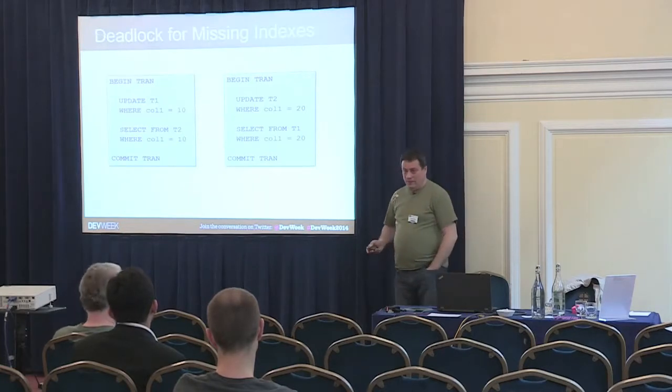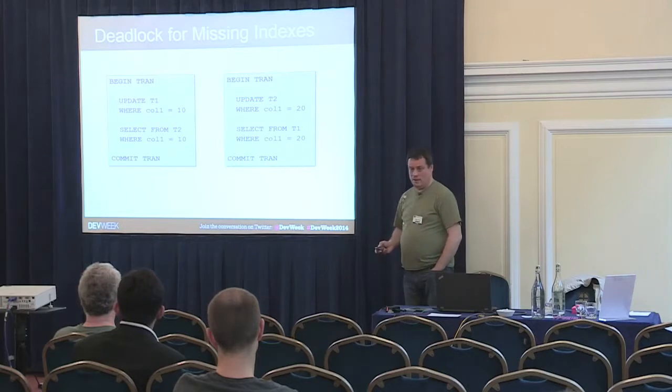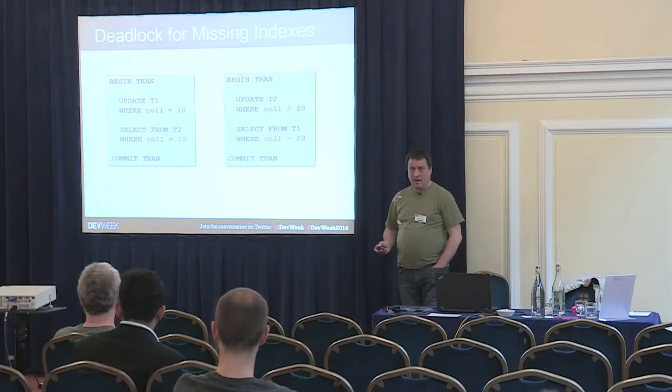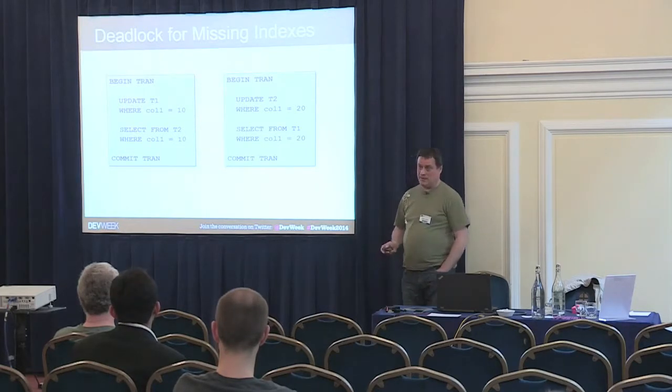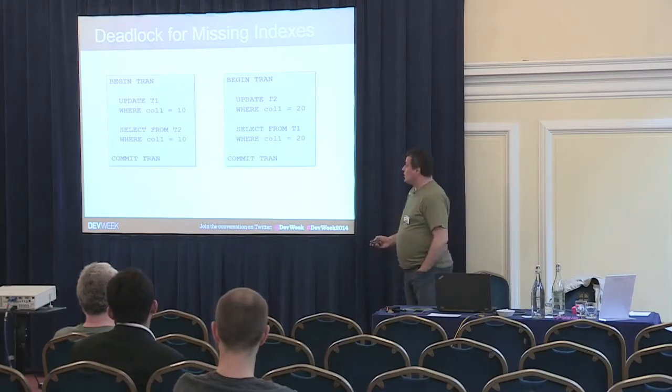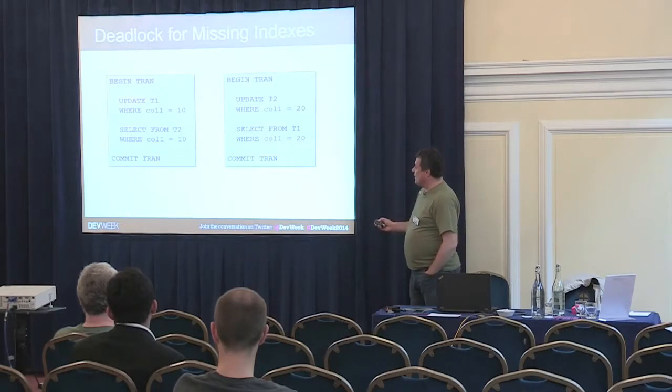This is a slightly different version of cycle deadlock. Now I have updates and selects with predicates. However, unfortunately, these predicates are not supported by an index. So I'm updating T1.